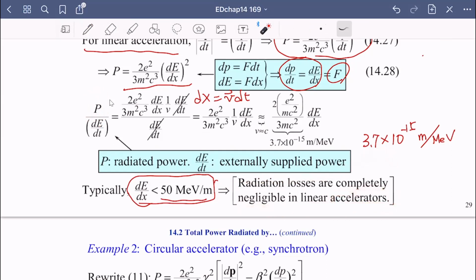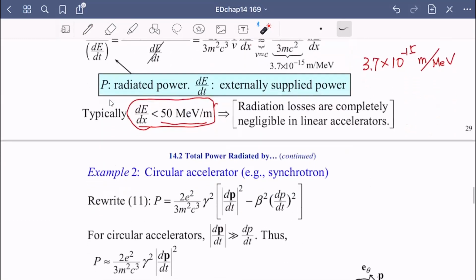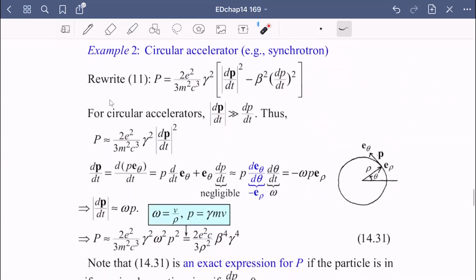A linear accelerator is very useful because it can accelerate the charge, but the radiation is very small. So we can convert the energy almost 100% to the charged particle. That's the first one.